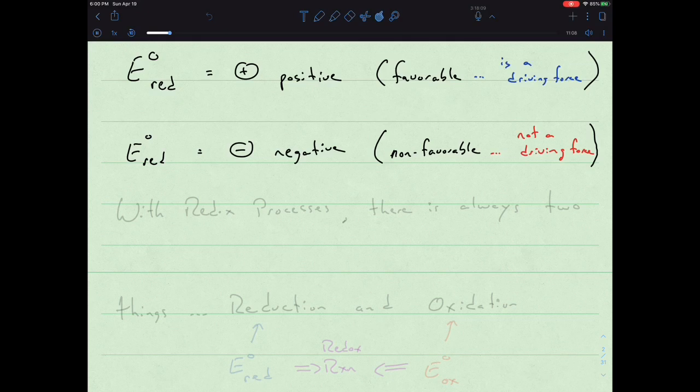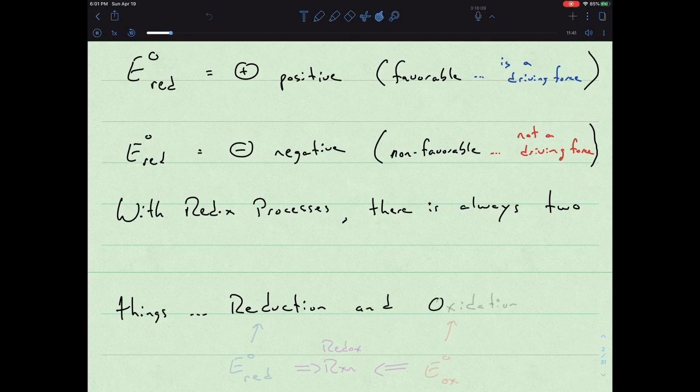And so with redox processes, there are always two things, right? Reduction and oxidation. That means we have two entities with the idea of potential.